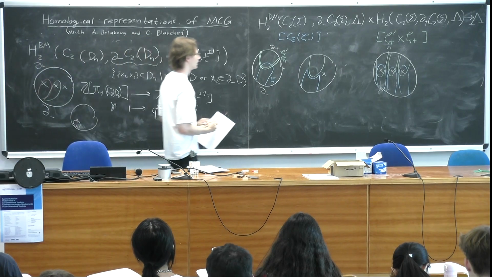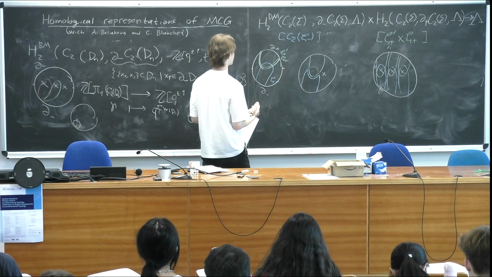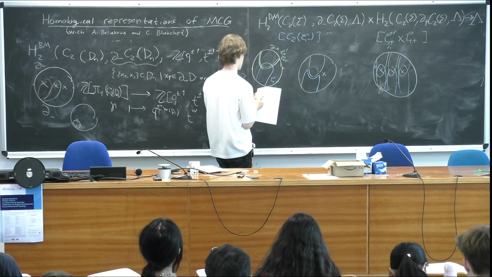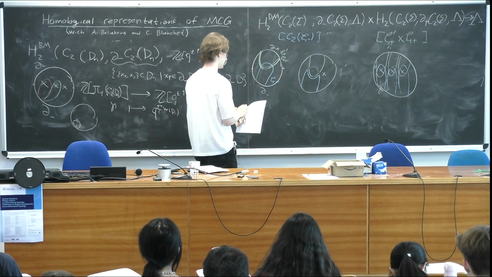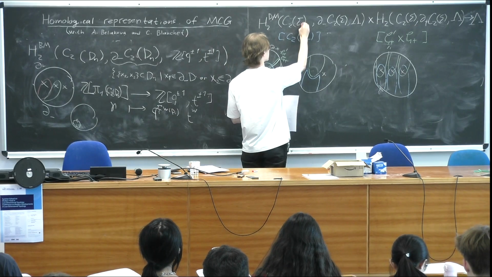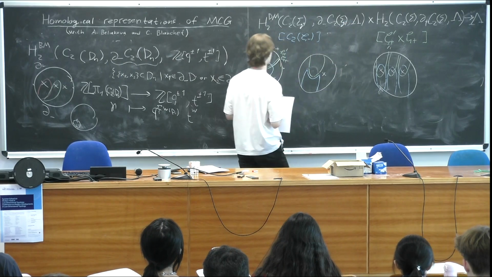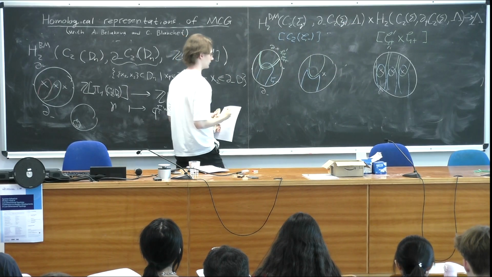Okay. So now I can do the same. I already wrote here sigma, which means that I will consider not a disk but a genus g surface.